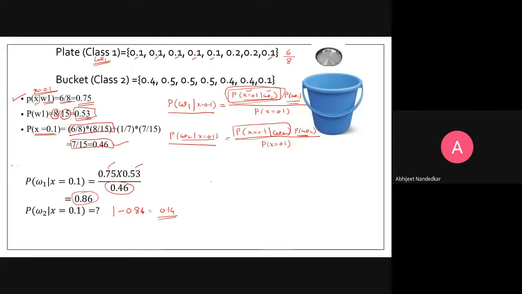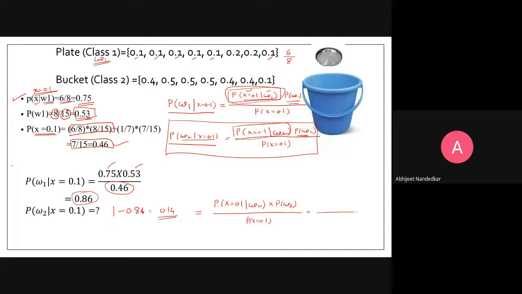Or you can solve this. Try to solve this for your betterment, so that it explains how you can do this. I'm just repeating here: x is equal to 0.1 given omega 2, into probability of omega 2, divided by the evidence, which is x is equal to 0.1.